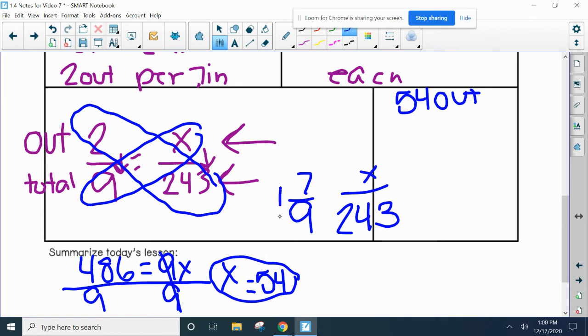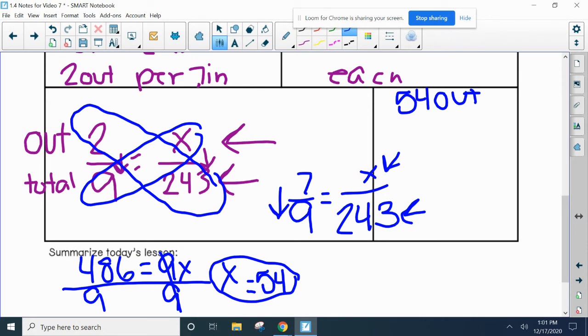So in a group of 9 kids, 7 of them are going to be in state, and 2 out, which is a group of 9. So 7 of those 9 kids are in state. So how many of those kids are in state from all of the kids if this is proportional?